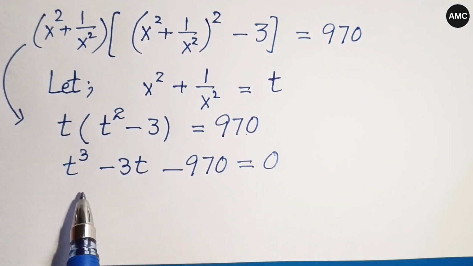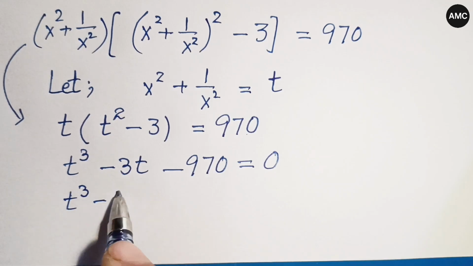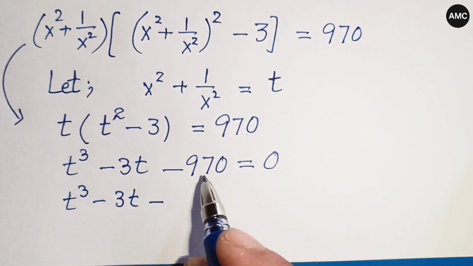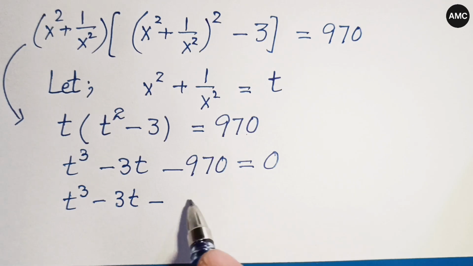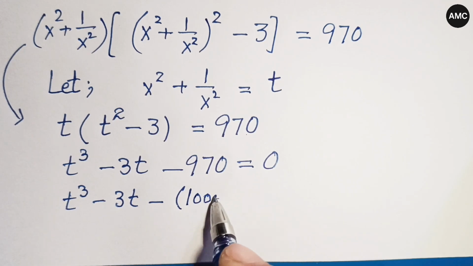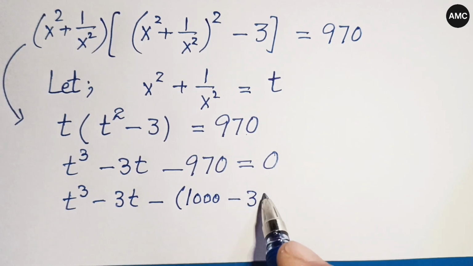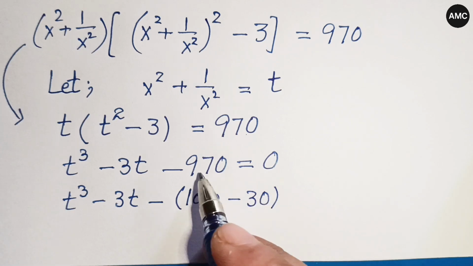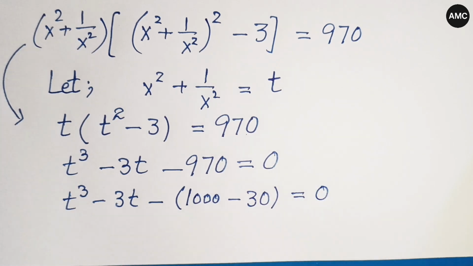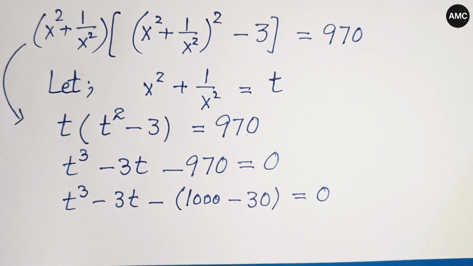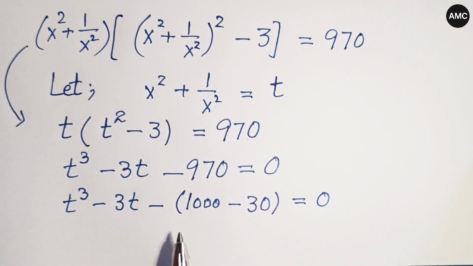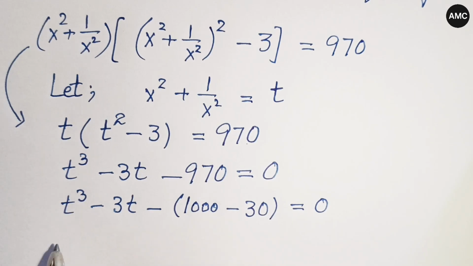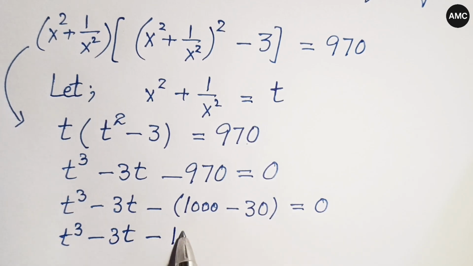Now t cubed minus 3t minus 970 equal to 0. 970 can also be written as 1000 minus 30. If we apply the negative sign into parentheses, we get t cubed minus 3t minus 1000 plus 30 equal to 0.